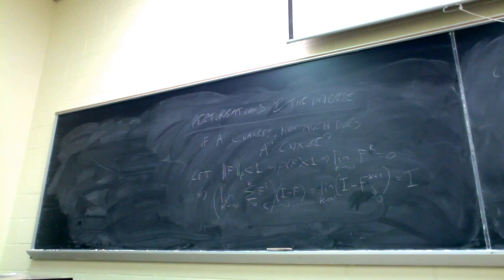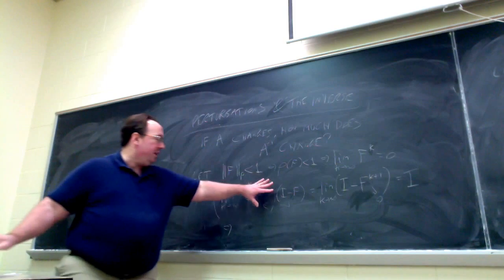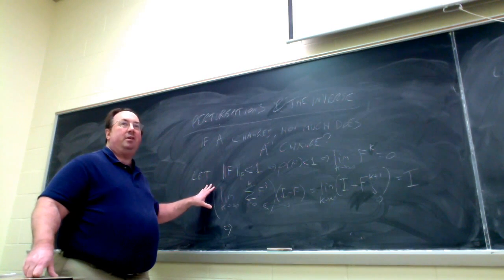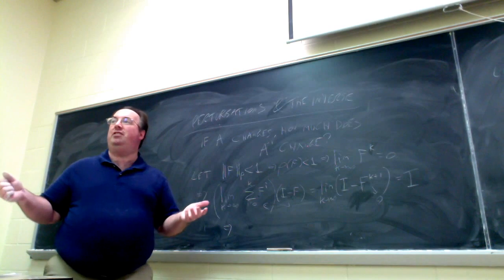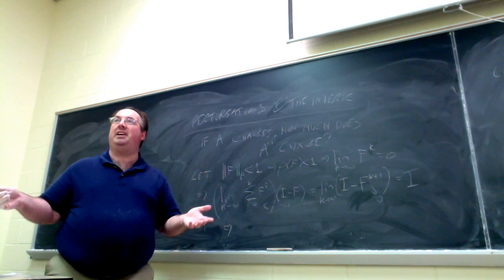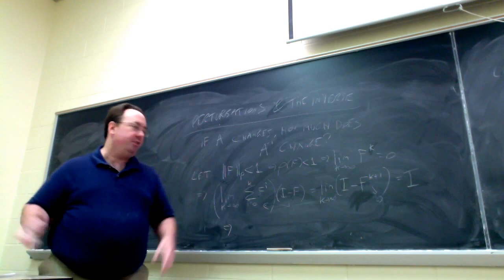So now what do I have here? This expression in parentheses is a matrix, and that's a matrix. The two matrices multiply together to give you identity. Therefore, how do they relate to one another? They're inverses of each other.